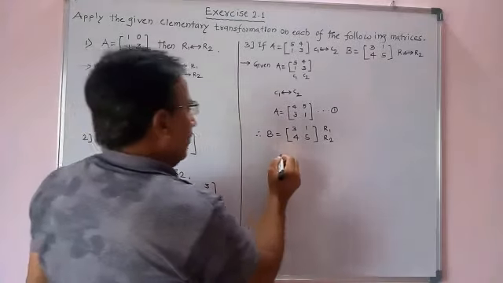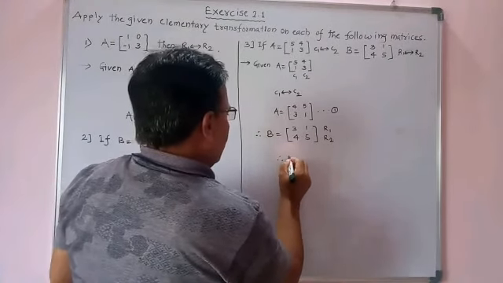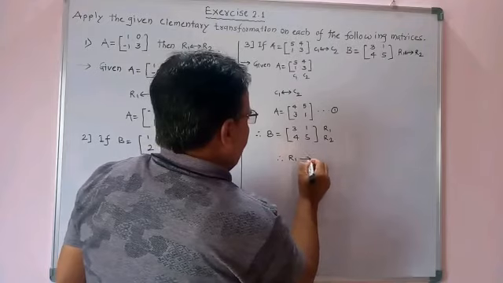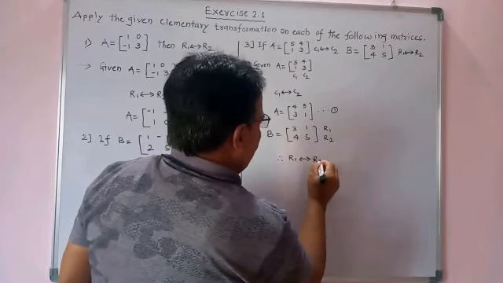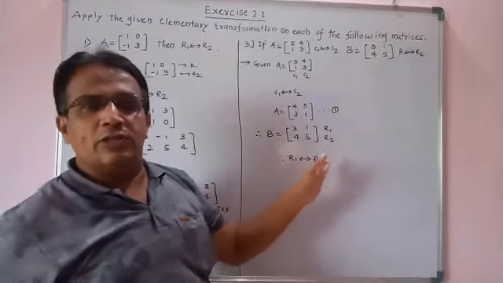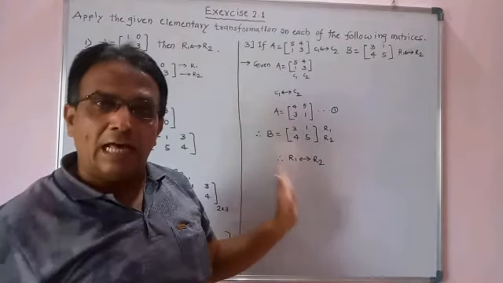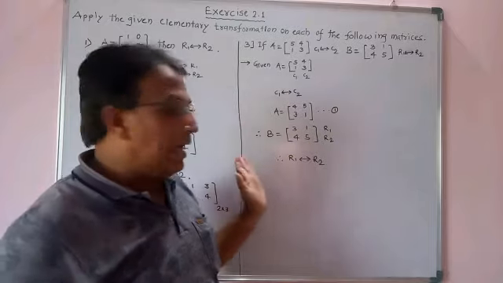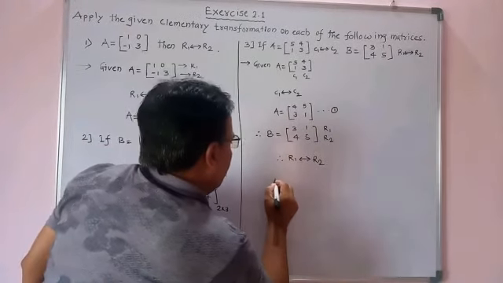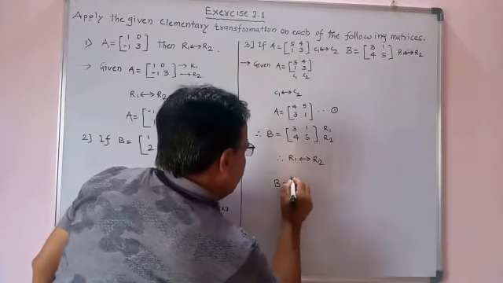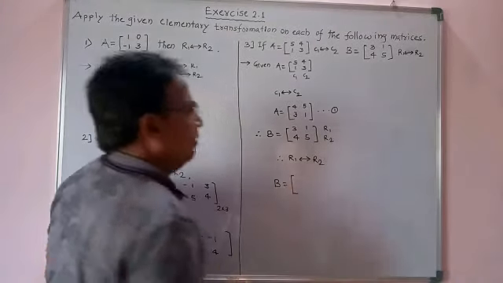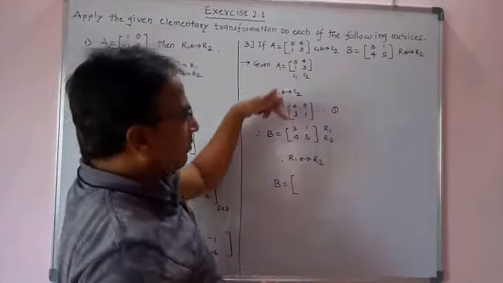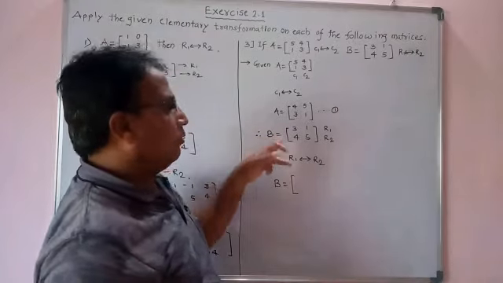Then find R1 interchange R2, and R2 interchange R1. R1 is 3, 1 and R2 is 4, 5.